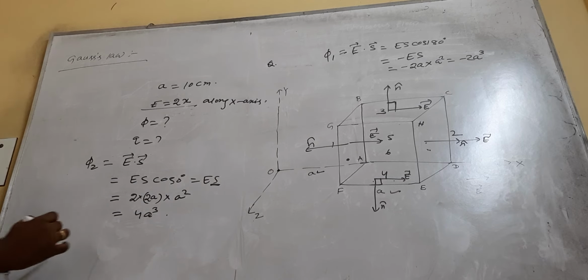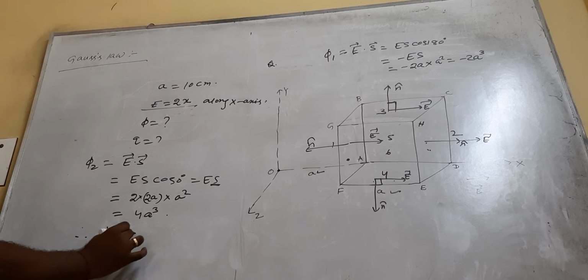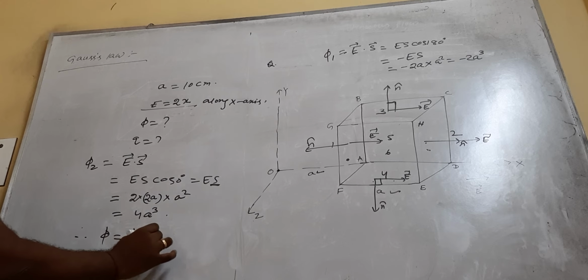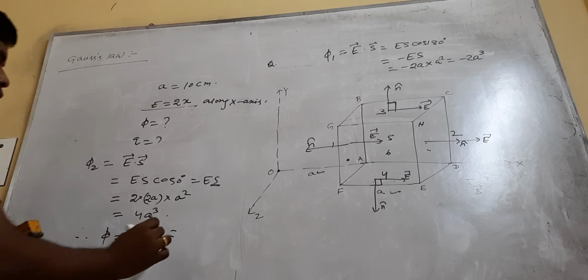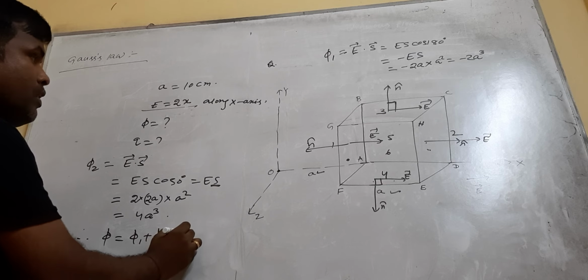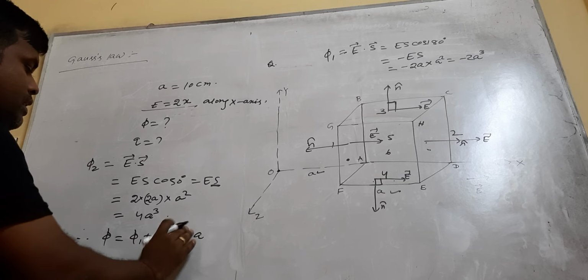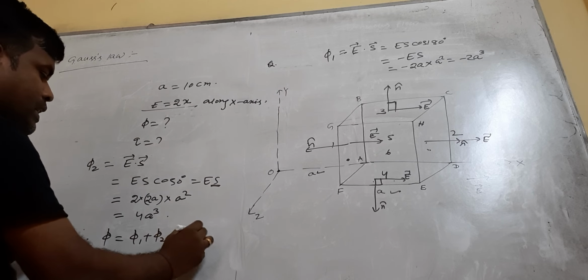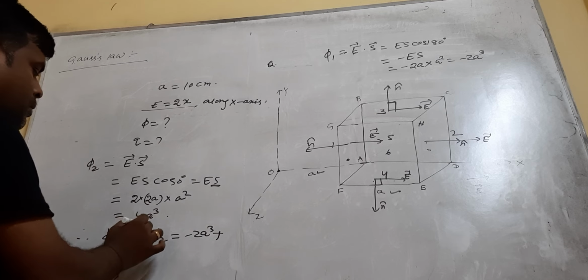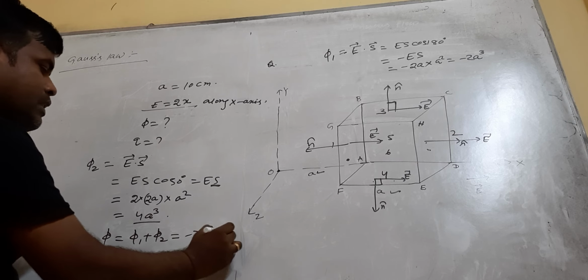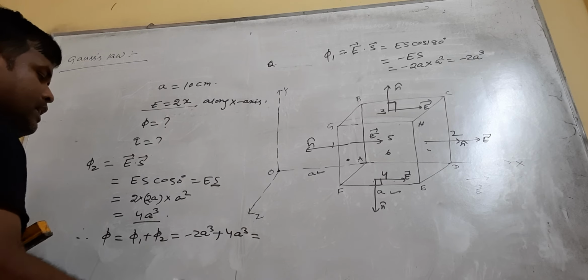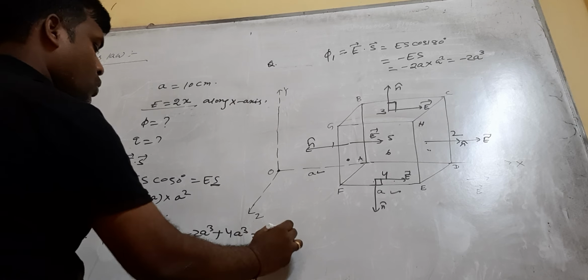So now come to the net flux, that is phi 1 plus phi 2, that is equal to, for phi 1 it is minus 2a cube, for phi 2 it is 4a cube, that is equal to 2a cube.